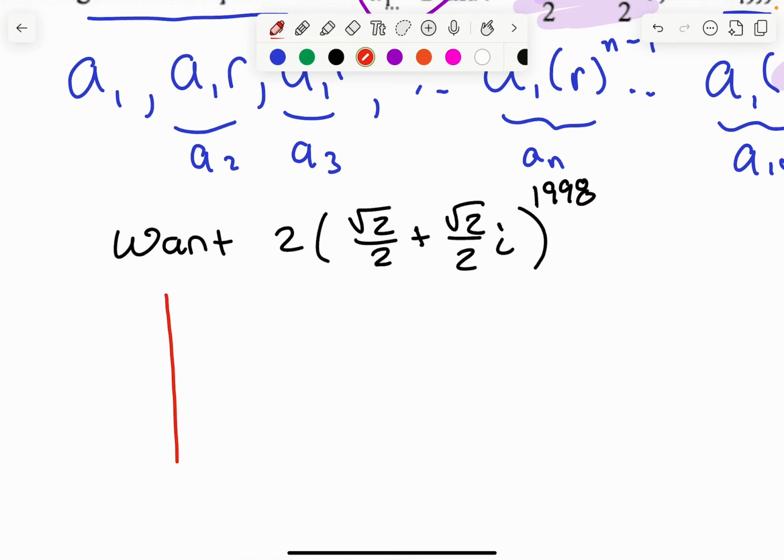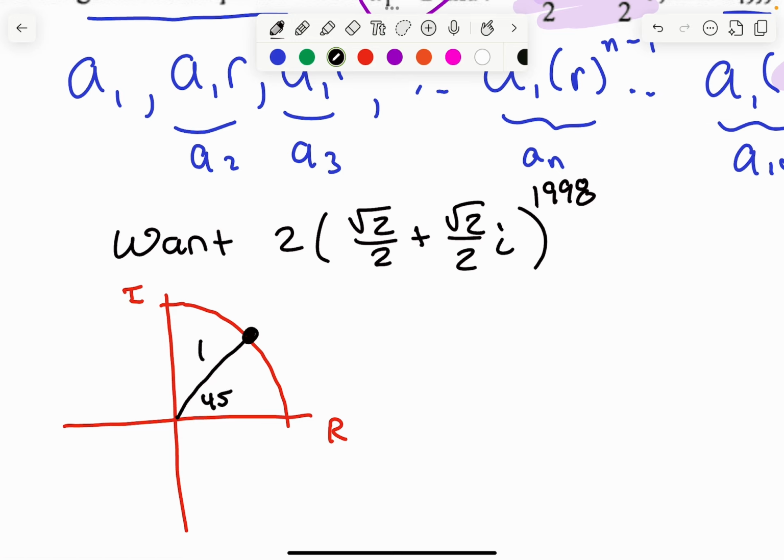So in polar form, here's my first quadrant of the unit circle. Root 2 over 2 plus root 2 over 2 i is precisely this right here, and so I can replace this with 1 CIS 45 degrees.